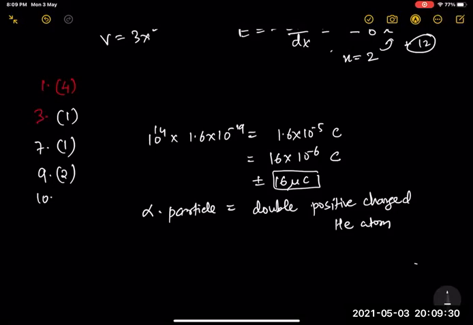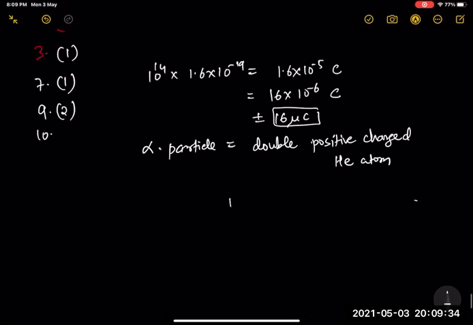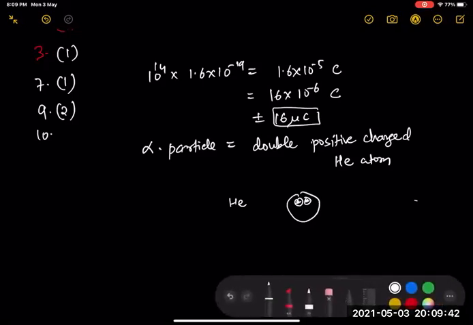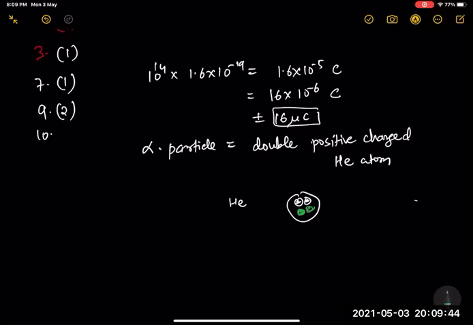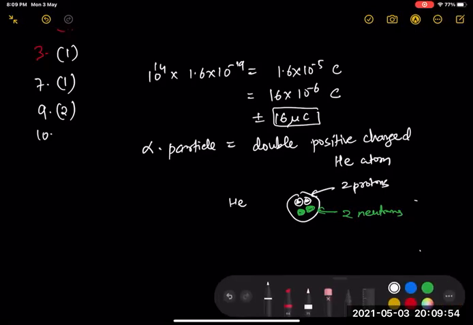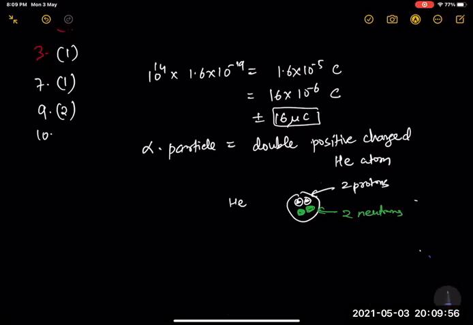Everyone write this. Alpha particle is a double positive charge helium atom. So what is a helium atom? Helium atom is having, and in the outermost shell there will be 2 electrons.